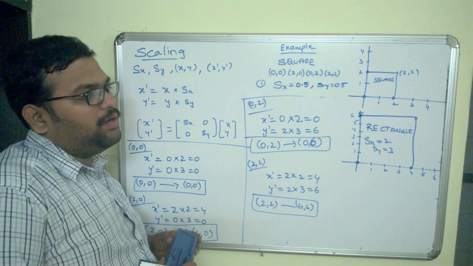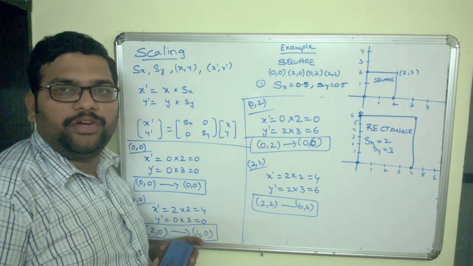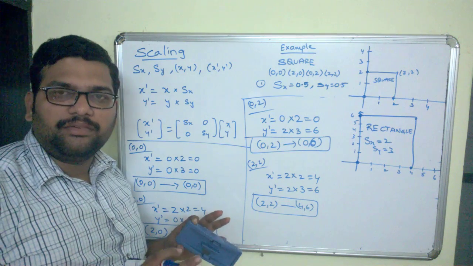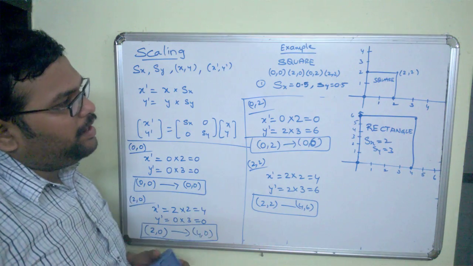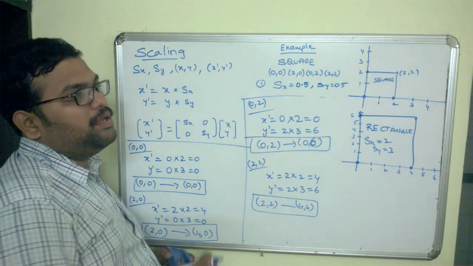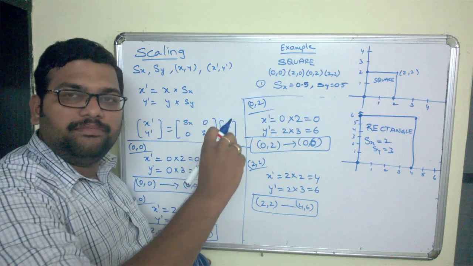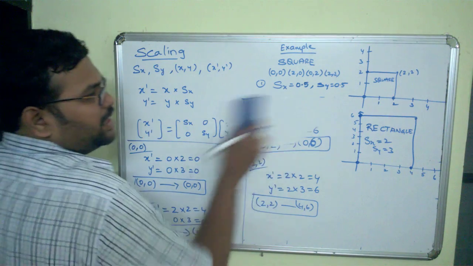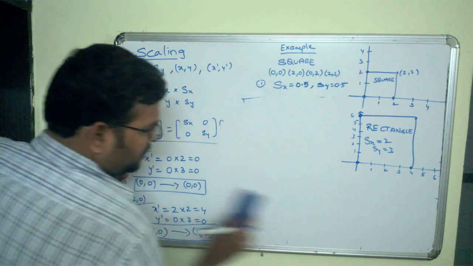So if both are equal, the scaling will be done uniformly towards the x-axis and y-axis, so the shape of an object will not change. And these two scaling parameters are less than 1, so automatically the size of an object will decrease. So let us see whether it is right or wrong.